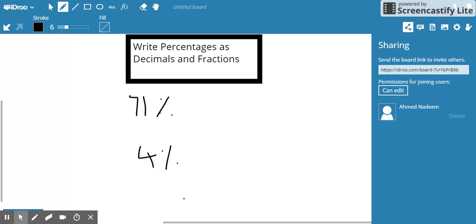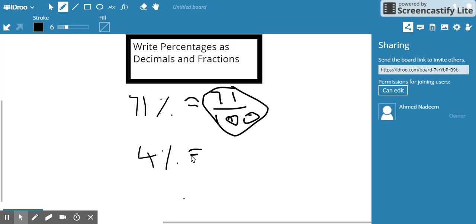So 71 out of 100 is the answer. If you can simplify it, you should, but in this case we can't, so that is the answer.